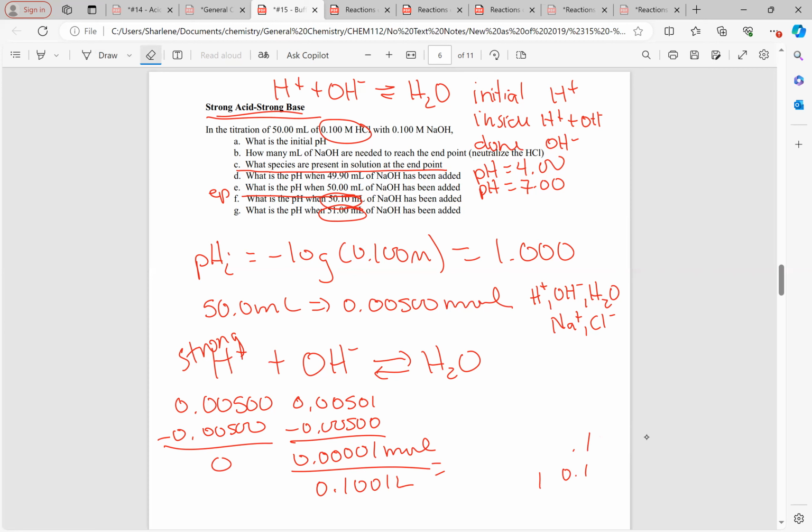That's 1 times 10 to the negative 6. And now remember, this is an OH, so this is a pOH. So take the negative log of it. Roughly 6. All right, so the pH is equal to 8.